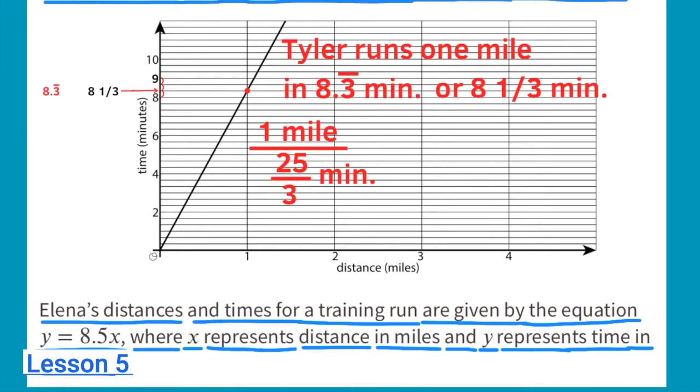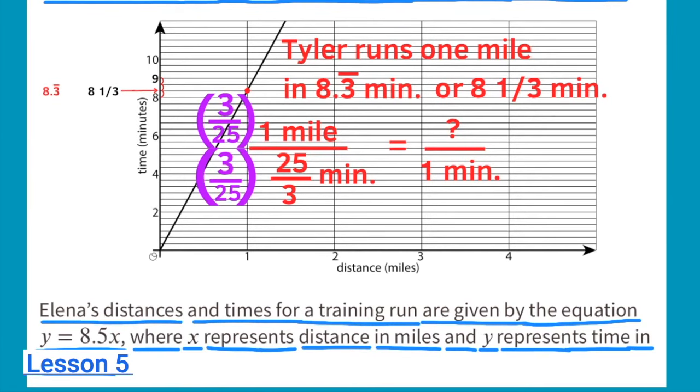We're going to use this information to see how far he runs in just 1 minute. 25/3 times its reciprocal, 3/25, equals 1. Since we multiplied the minutes by 3/25, we need to multiply the miles by 3/25.